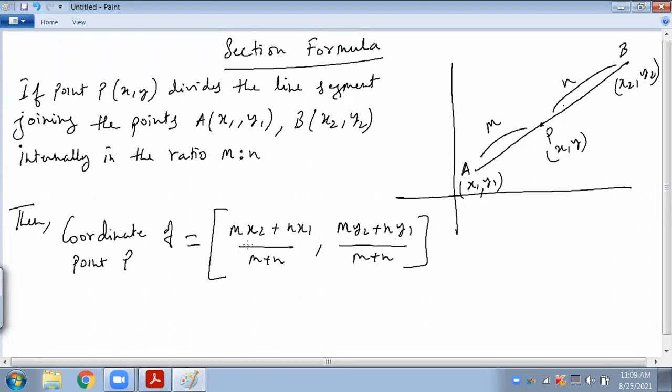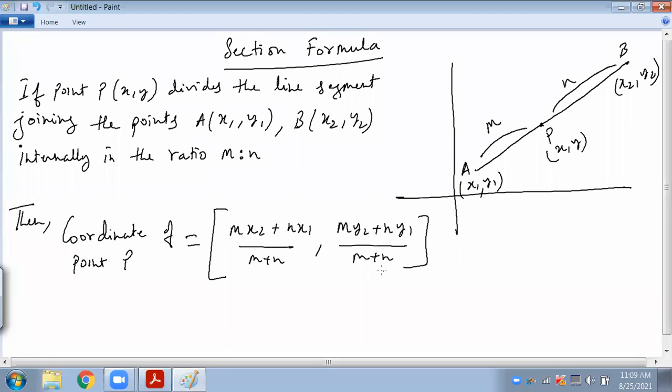So the coordinate of the point P will be mx2 plus nx1 by M plus N. And x coordinate will be mx2 plus nx1 by M plus N. And second part will be the y coordinate. Y coordinate will be what? My2 plus ny1 by M plus N. And this formula is the section formula.